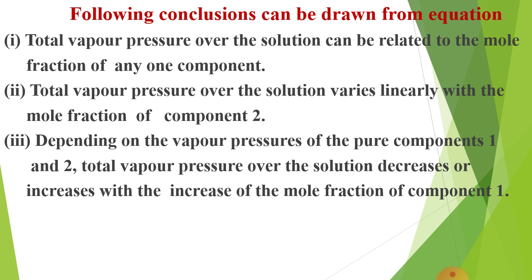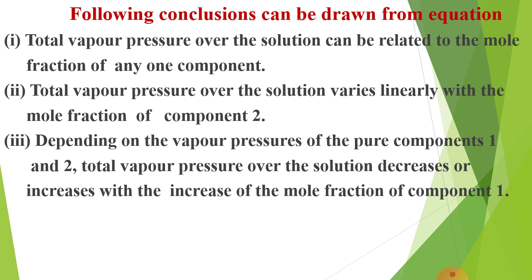First, the total vapor pressure over the solution can be related to the mole fraction of any one component, either x1 or x2. Second, the total vapor pressure over the solution varies linearly with the mole fraction of component 2, that is x2.